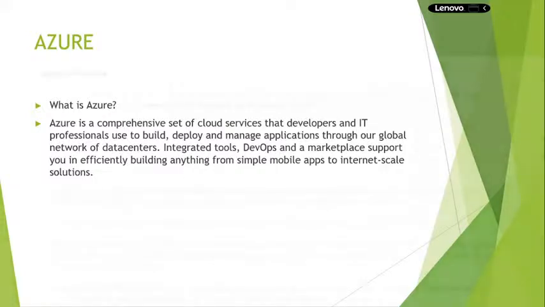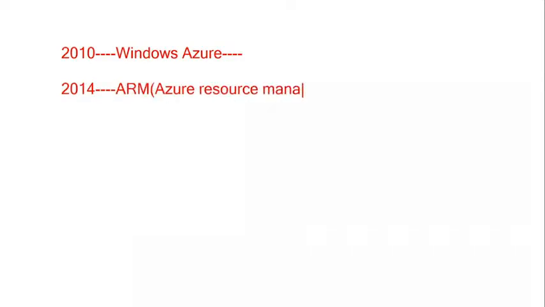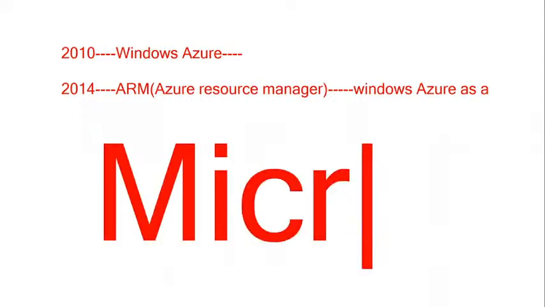Next, Microsoft Azure came into the picture in the year 2010. At that time we called it Windows Azure. Windows Azure supported only Microsoft related applications. Later, in the year 2014, they introduced a new deployment model called ARM, which means Azure Resource Manager, and they renamed Windows Azure as Microsoft Azure.